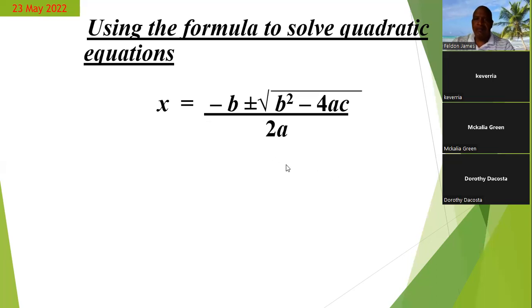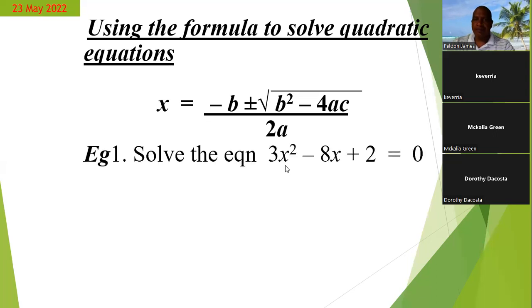So let us look at how we can use the formula. Let's say that we are solving this quadratic equation. You may try to factorize it and realize that you can't find any possible means of factorizing it. So now your resort is to use the formula.